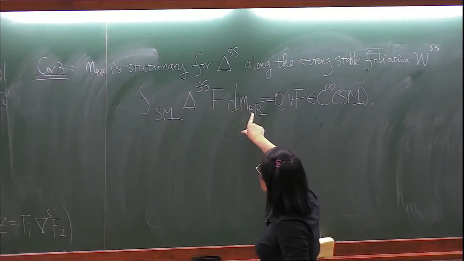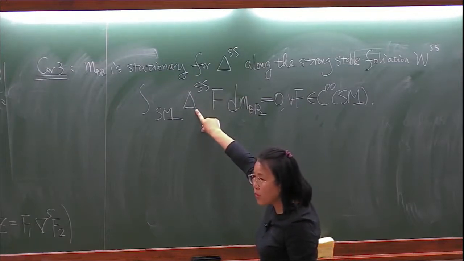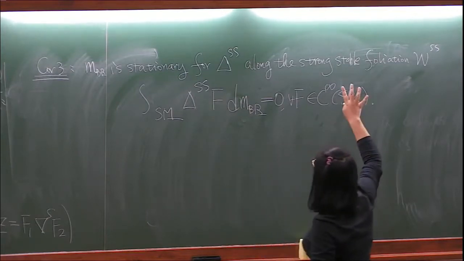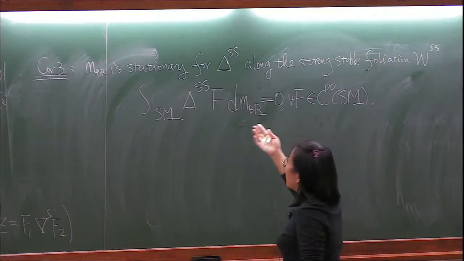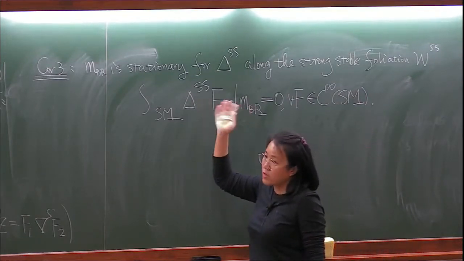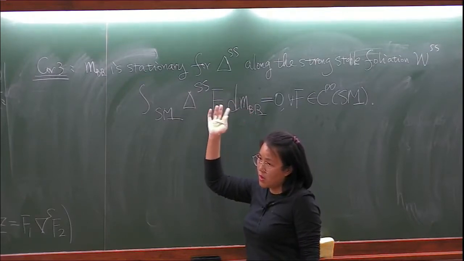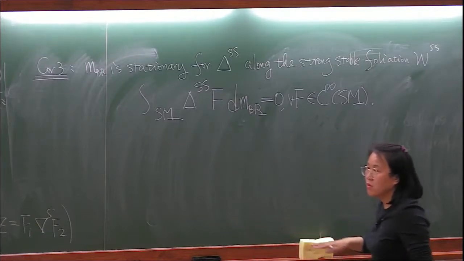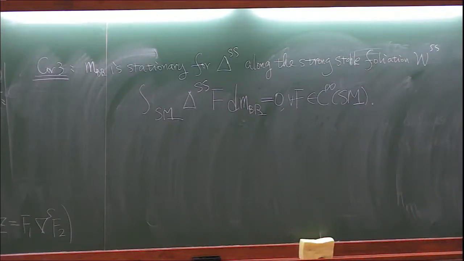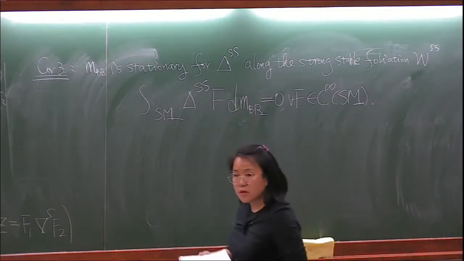If this measure is harmonic for this operator, that means for any smooth f on Sm, as long as you take the leafwise Laplacian applied to this f and take the integral, it is 0. So it will be related to the diffusion you mentioned. I will mention this class.